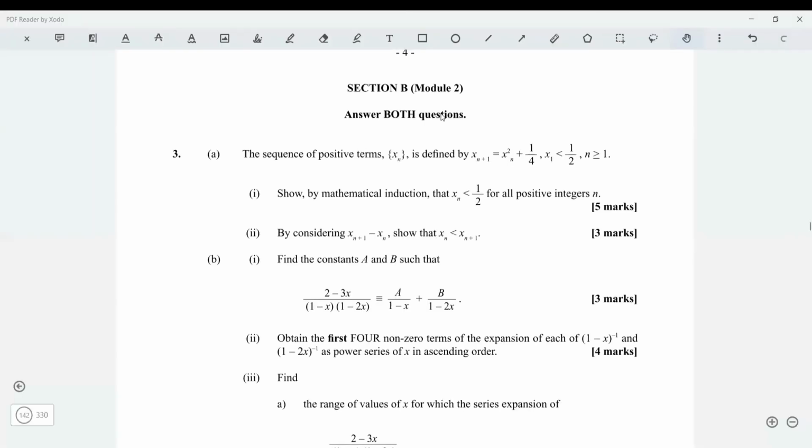All right, so now the first thing we need to write down is xn plus 1 equals xn squared plus a quarter, where x1 is less than a half.